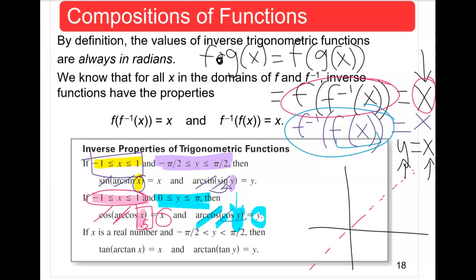Okay, the third one here is for tangent and inverse, or arctangent. And first of all, if you're in this type of situation where arctangent, the inverse, is the one inside the parentheses, like we see here, that doesn't really have any restriction. It could be any real number.